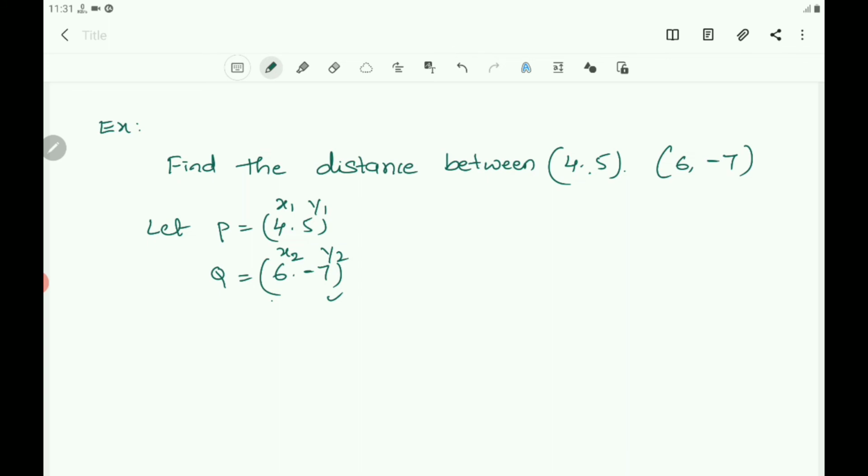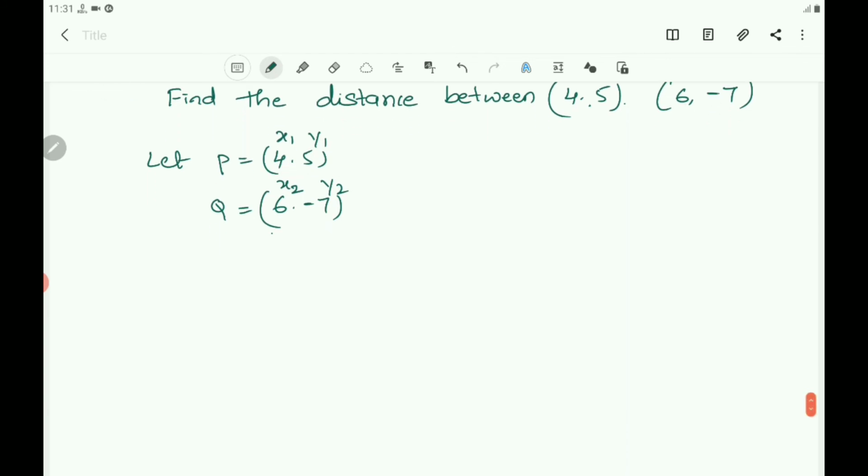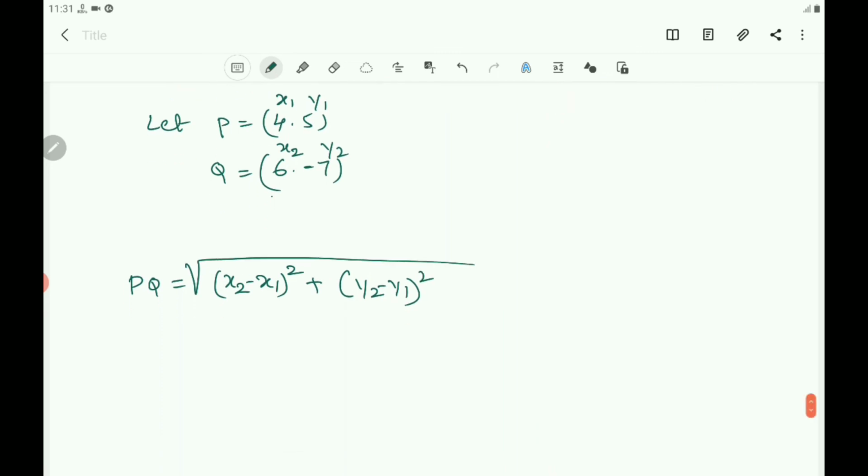Now you write the distance formula, that is PQ equals whole root of (x2 minus x1) whole square plus (y2 minus y1) whole square.